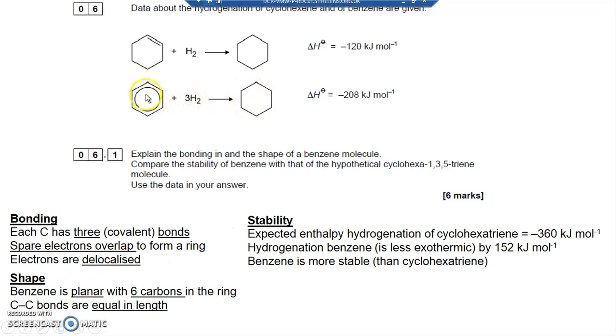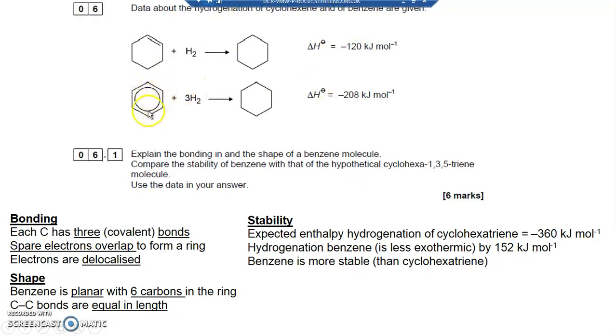So stability. So benzene is more stable than you'd expect. So the expected enthalpy of hydrogenation, if it had 3 doubles and 3 singles, would be minus 360. Adding 1 hydrogen molecule across a double bond releases minus 120.